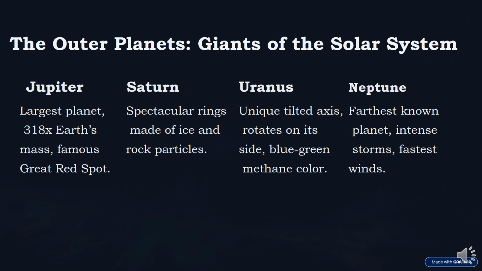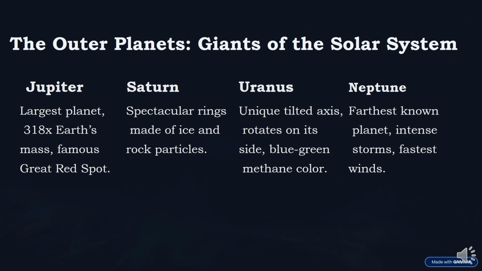Let us return to examples of the planets among our outer planets: Jupiter, Saturn, Uranus, and Neptune. Starting with Jupiter, it is commonly known as the largest planet in the solar system. It is approximately 318 times Earth's mass and has the Great Red Spot.